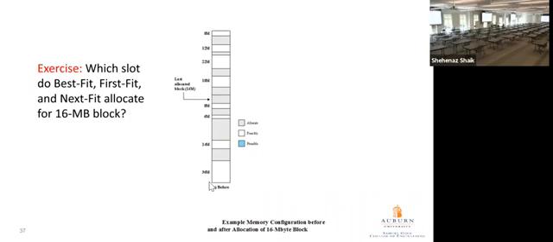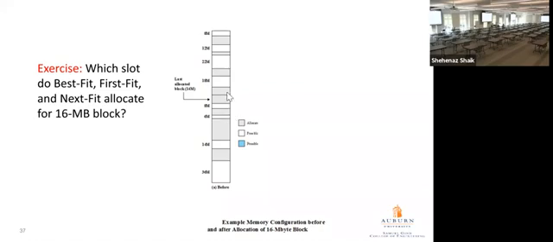Okay. And if we follow the first fit approach, then the first one that can fit the arriving process would be the 22 megabyte hole, okay?